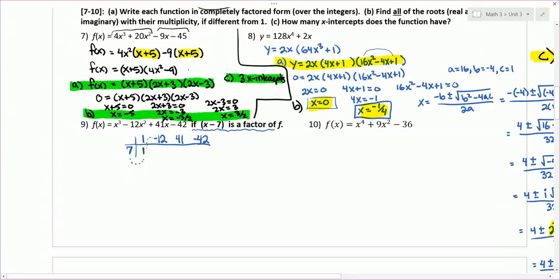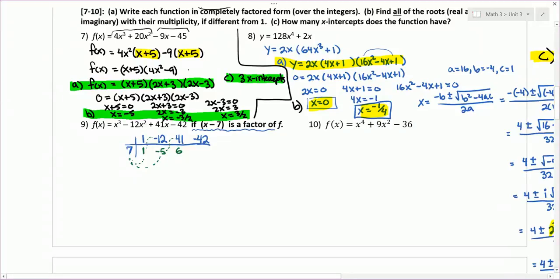Well, 7 minus 12 is negative 5. Write that result here, and do this again. 7 times negative 5, and add 41 to that product. Well, 7 times negative 5 is negative 35, and negative 35 plus 41 is positive 6.